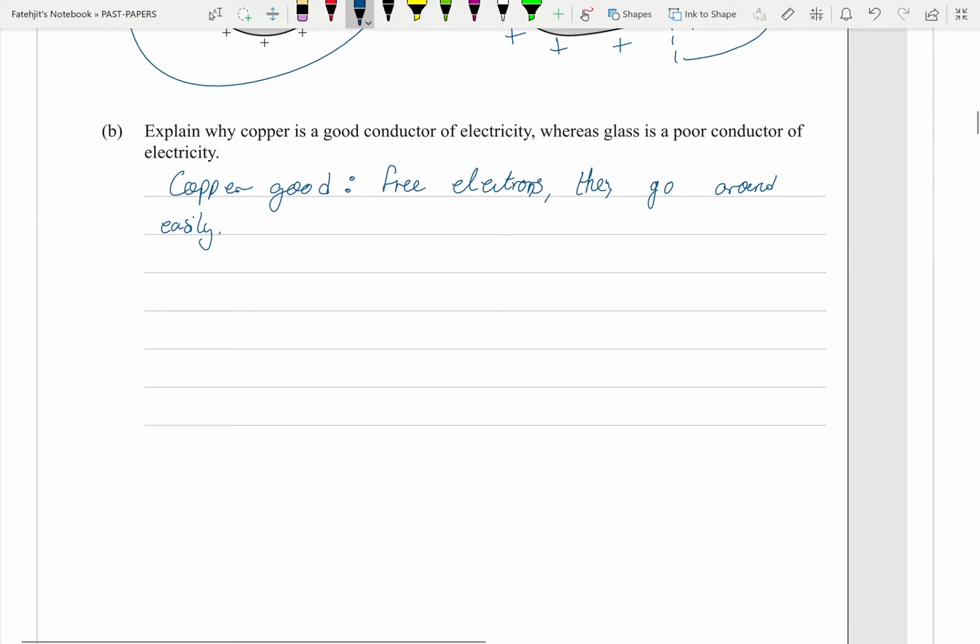So copper can facilitate the flow of electrons, and the flow of electrons is basically current, and therefore it is a good conductor for electricity because current is electricity. Glass is bad because it has no free moving electrons.